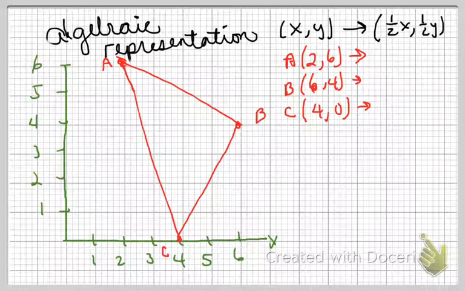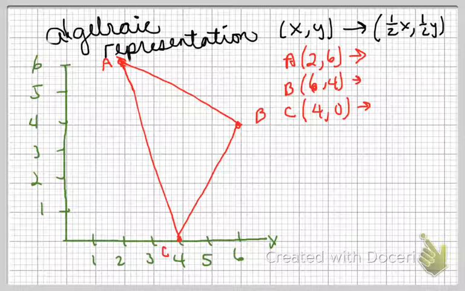So what we're going to do here is look at the algebraic representation, and I'm going to highlight that. That's this right here. So that is the algebraic representation. What this means is that the original is x and y.